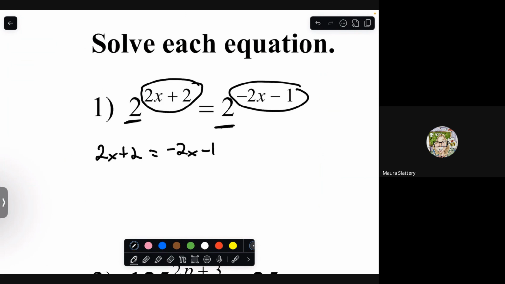Questions on this so far? Now, all we need to do is solve this. So go ahead, solve this equation. Is this quadratic or linear? It's linear, right? So we just need to get all the x's on one side, all the constants on the other, and then solve for that x.